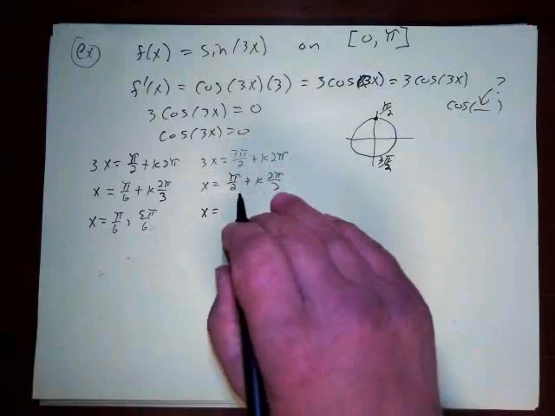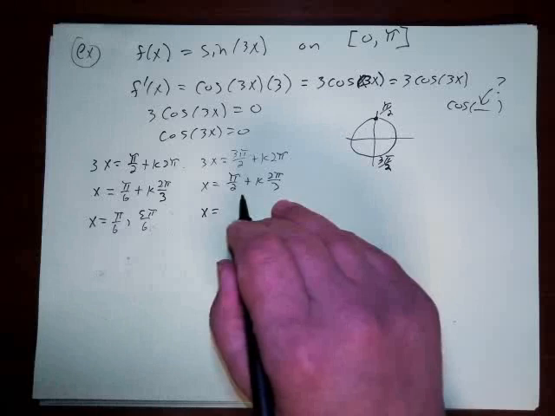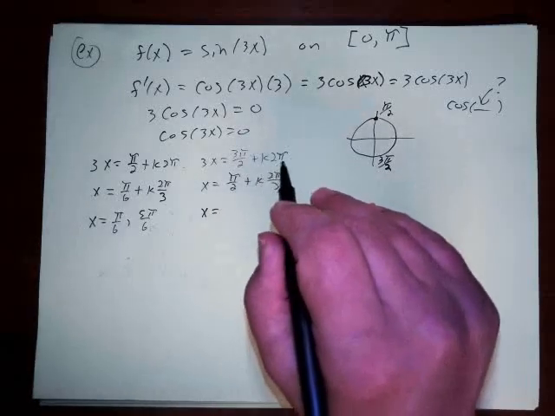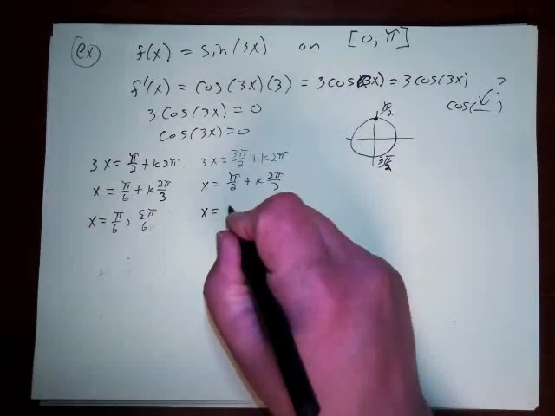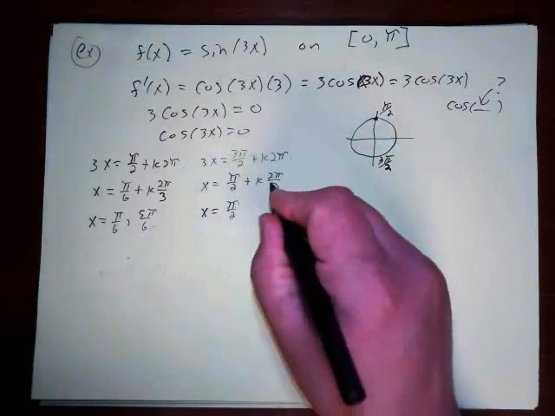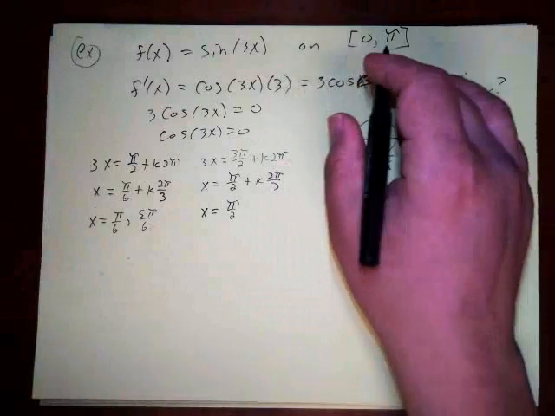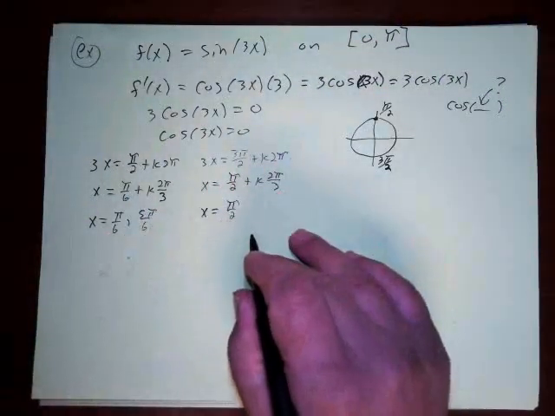And for this one, when k is 0, you would have pi over 2. But when k is 1, you would be outside the interval. When k is -1, you'd be outside the interval. So these look like your critical points.